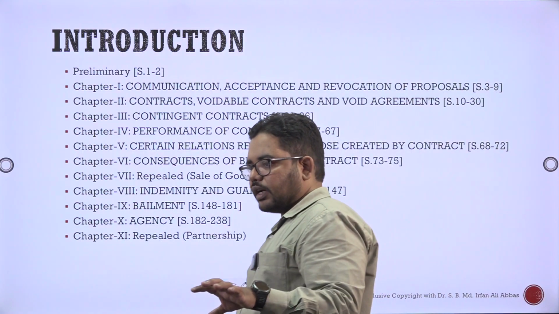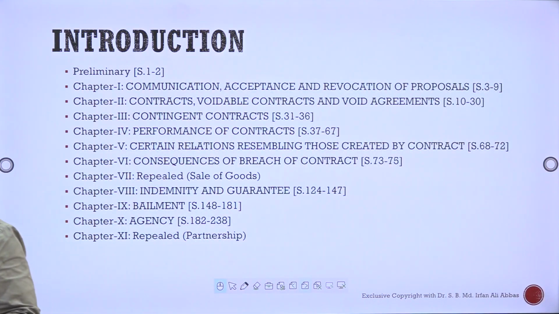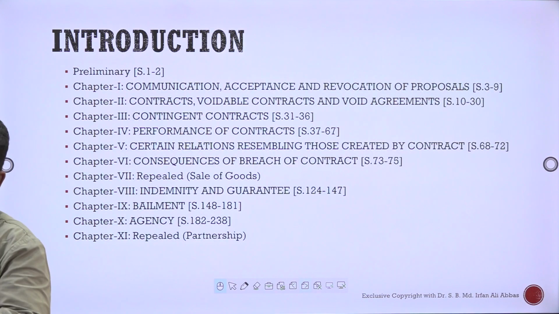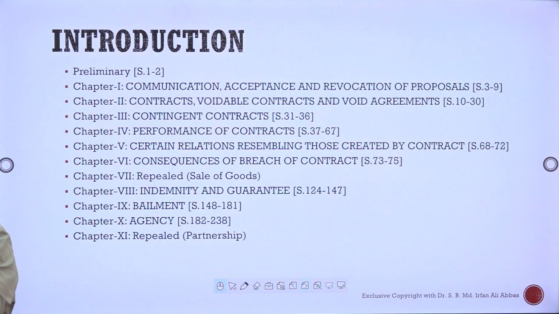Voidable contracts are another type of contract where the contract may be rendered void by one of the parties. One of the parties has the option to choose whether he wants to follow the contract or treat it as a void agreement.